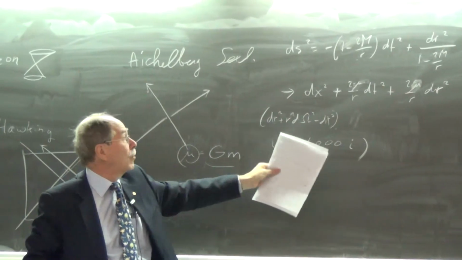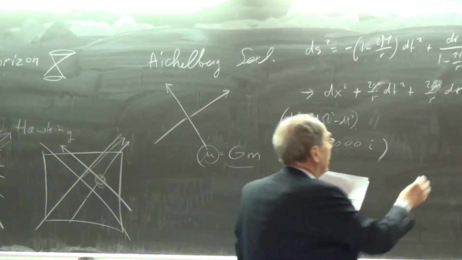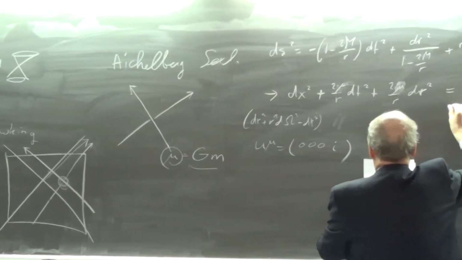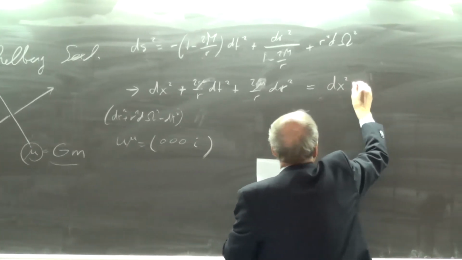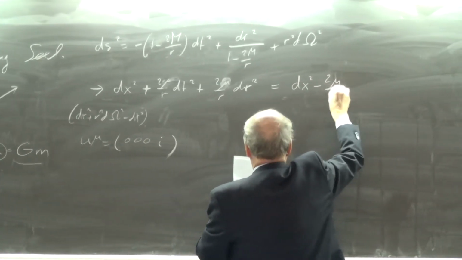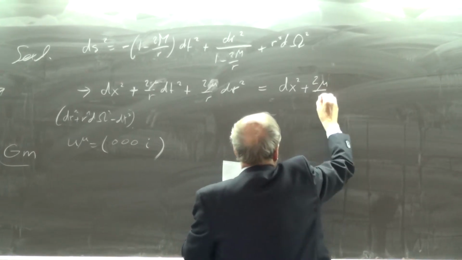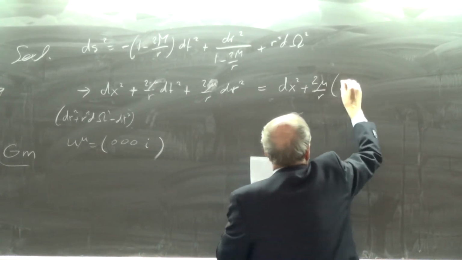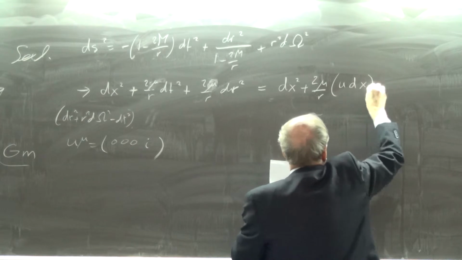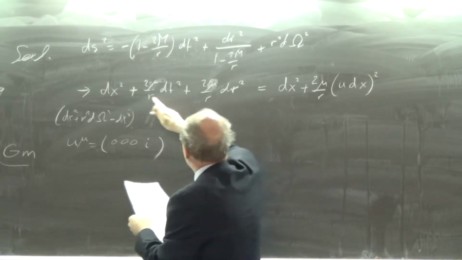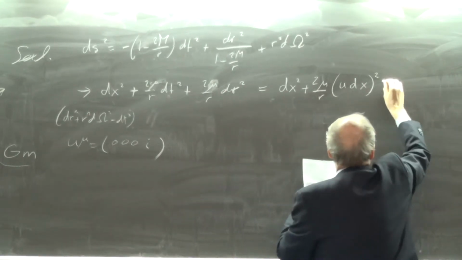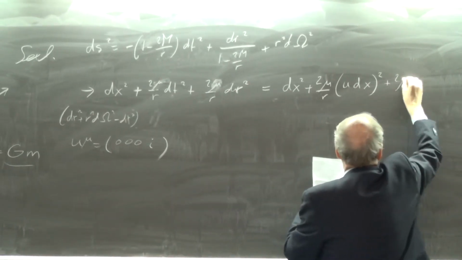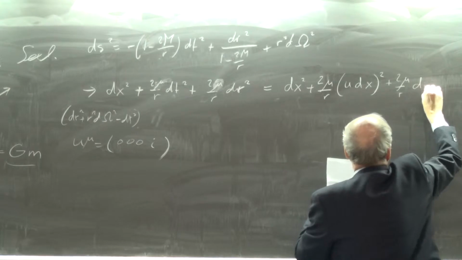So I introduce the four-velocity. Then this can be rewritten as dx squared plus 2 mu over r times u dot dx squared. That is just basically dt squared in the same notation. And then there's a plus 2 mu over r dr squared.